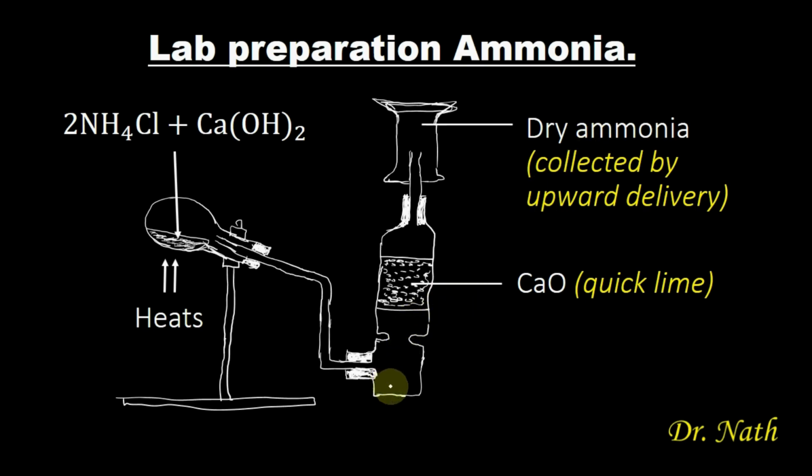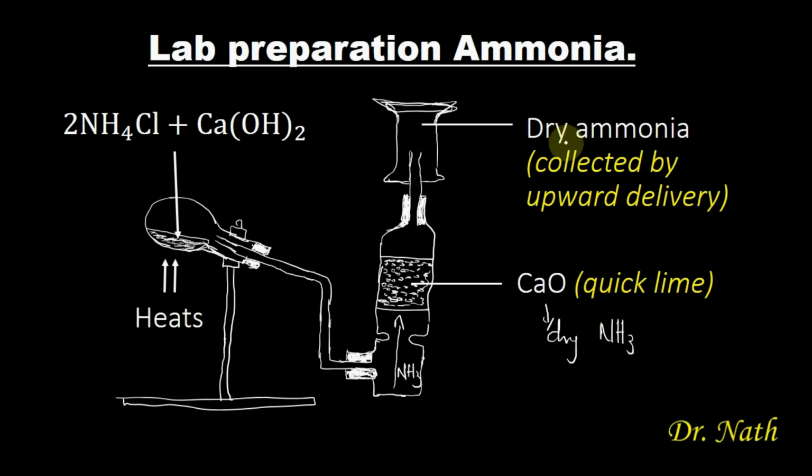So the ammonia, as it moves up to be delivered by upward delivery, passes through a part where we have calcium oxide, also known as quicklime. So the function of this calcium oxide, which is also called quicklime, is to dry the gas, is to dry ammonia.